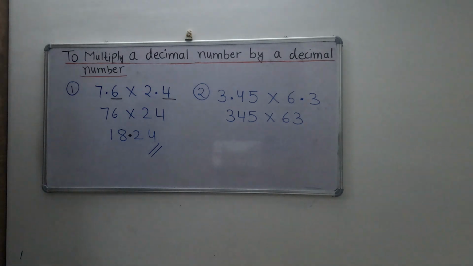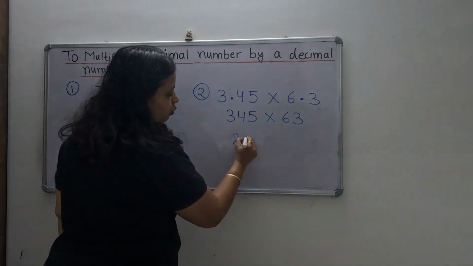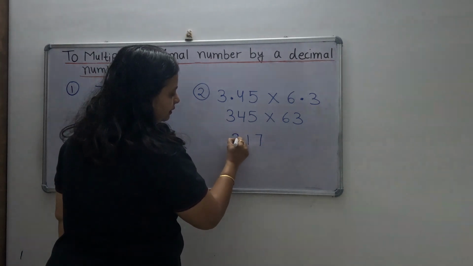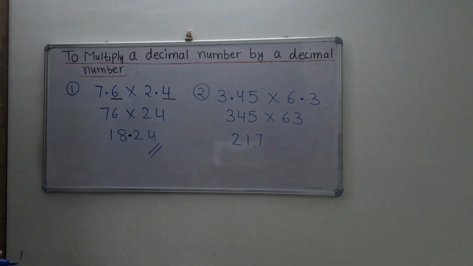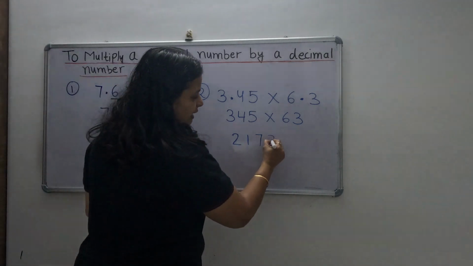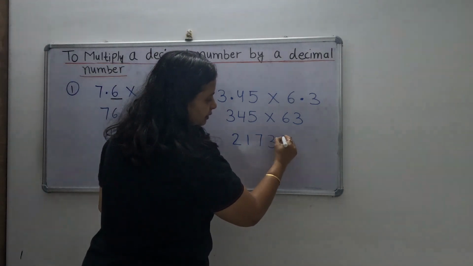As you know how to multiply normal numbers, right? So just do it. The product is 21735. Right? Any confusion?